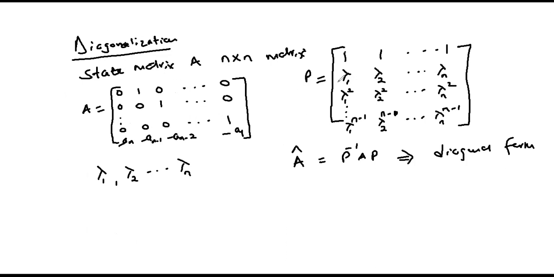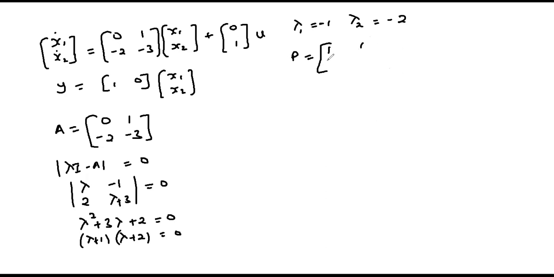Because this is a second order system, our matrix P will be a 2 by 2, obtained as 1, 1, lambda 1, lambda 2, which will be the matrix 1, 1, -1, -2.